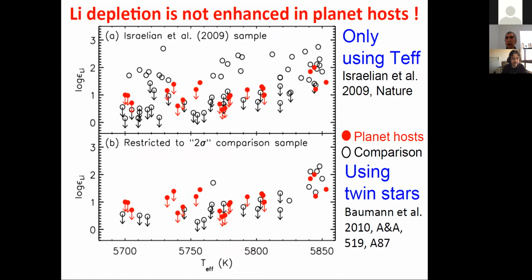Actually, when we compare twin stars, so stars in the same sample, but one star with planets and one star without planets, with similar stellar parameters, not just in temperature, but also similar evolutionary states, so similar surface gravity, and also similar metallicity, then you see that both distributions of stars with planets and without planets in lithium seem similar.